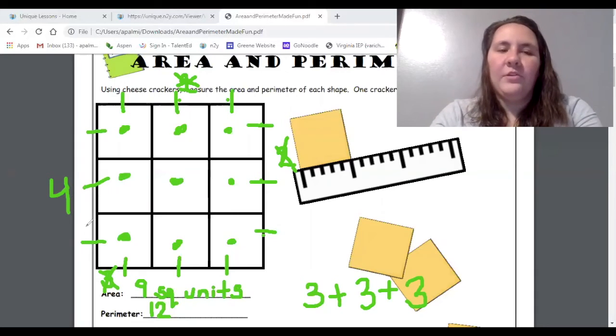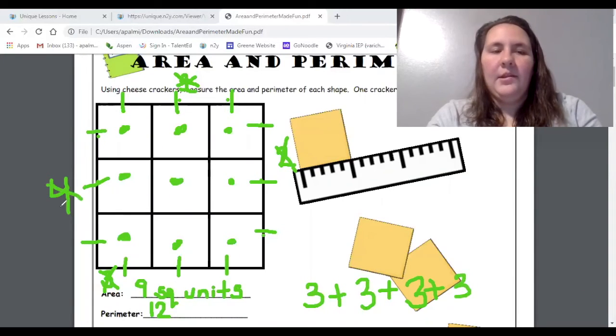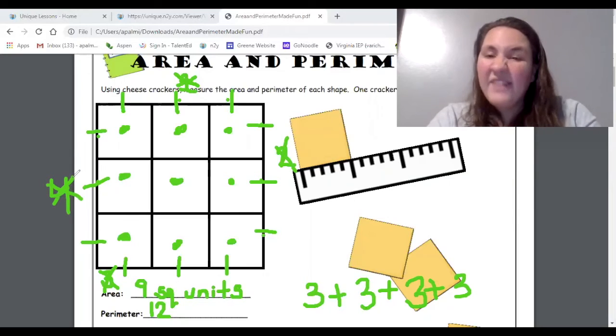So I have side 4. So let's see how many are on side 4. 1, 2, and 3. So I'm going to put my plus because I'm adding more. 3. Okay. And I'm going to X this out because I just did that one. Now, do I have any more sides or did I get them all? Yeah, I got them all. You can check and see that I have X's, which means I counted all of those sides.